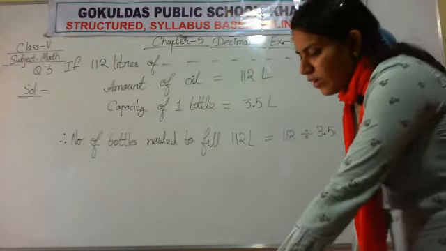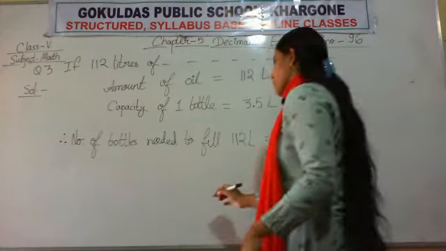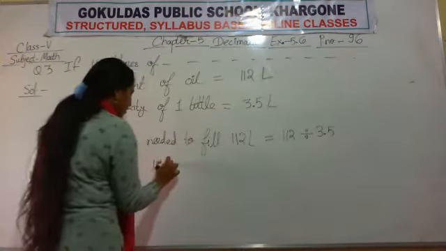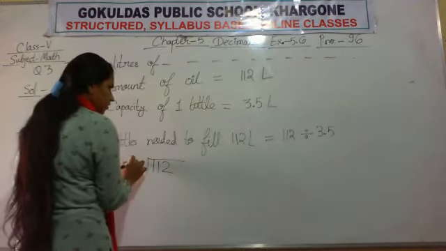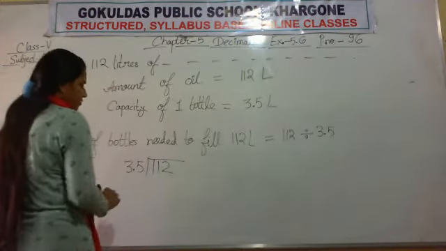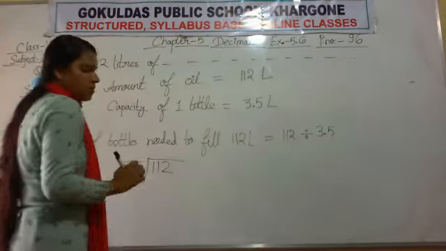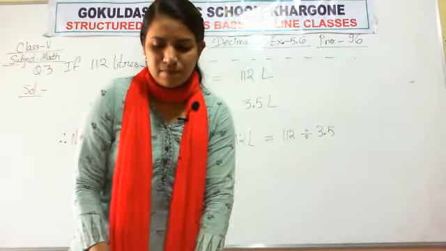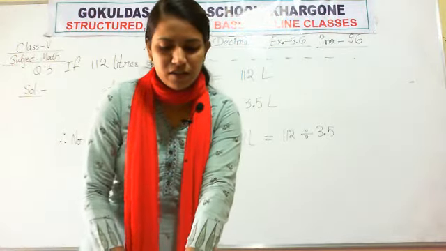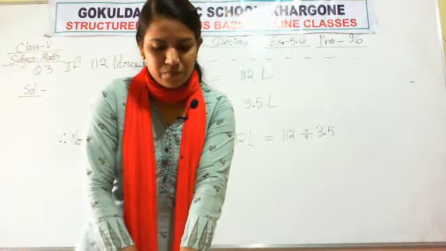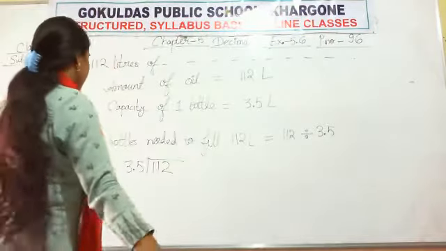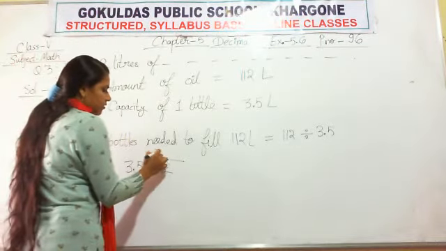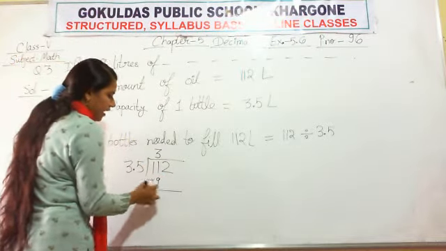Let us start dividing. We will divide 112 by 3.5. Here the decimal is after the 3, in the one's place. So let us divide. 3 threes are 9, right?